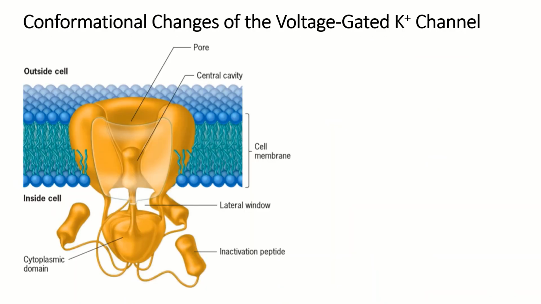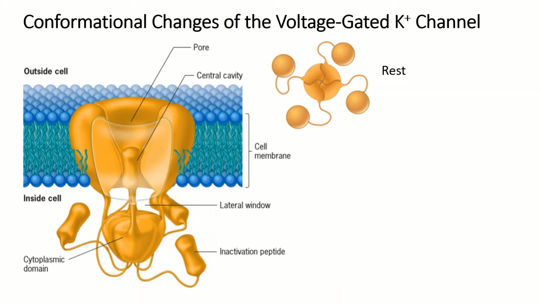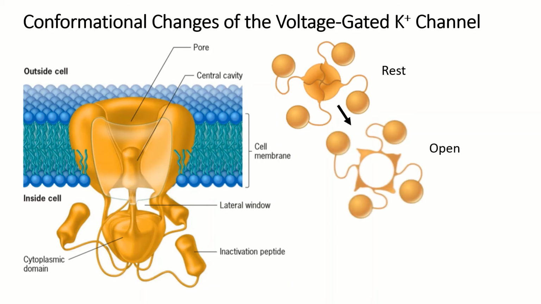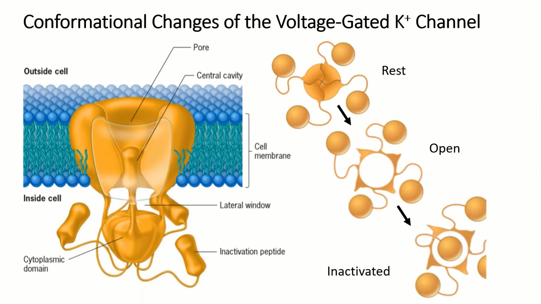So here's a simplified illustration of how the conformational changes appear. Here's the potassium channel closed from the inside of the cell. When changes in voltage are detected, it opens up. And when potassium ions have already moved through it, it will automatically inactivate itself with the help of these inactivation peptides.